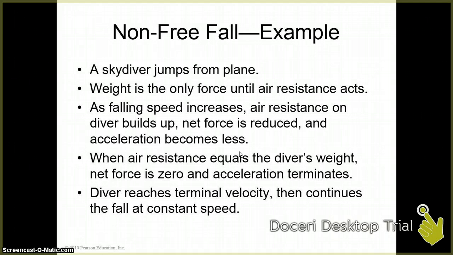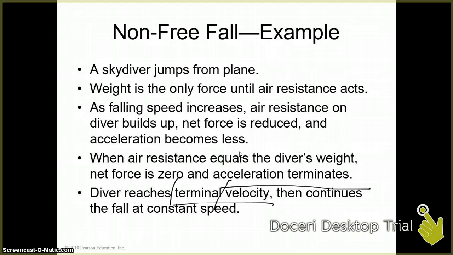When the air resistance equals the skydiver's weight, the net force is 0 and your acceleration terminates. The diver reaches terminal velocity and then is going to continue to fall at constant speed. So after you reach your terminal speed, your speed at that point is the speed with which you'll hit the ground.